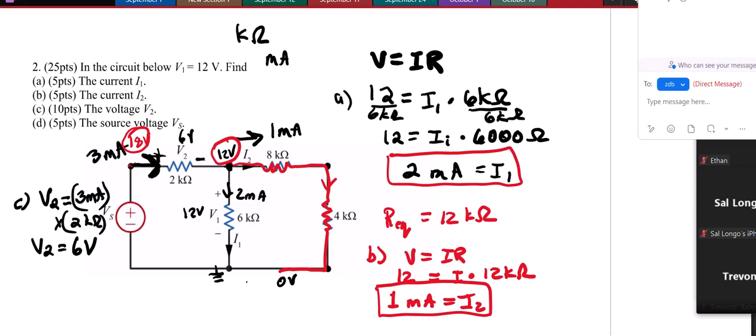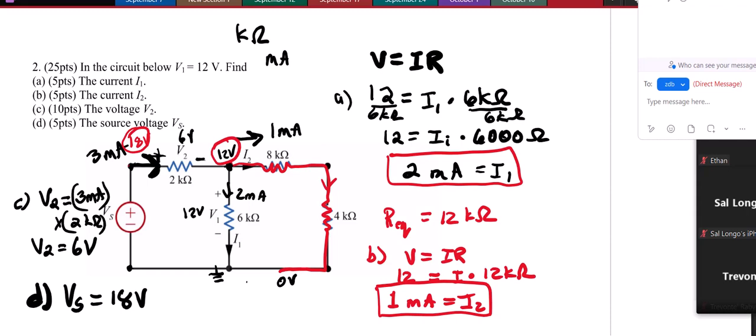Having that information answers part D, which asks for my voltage source. My voltage source is the change in voltage across it. If the bottom node is ground and the top is 18 volts, then my voltage source is 18 volts.